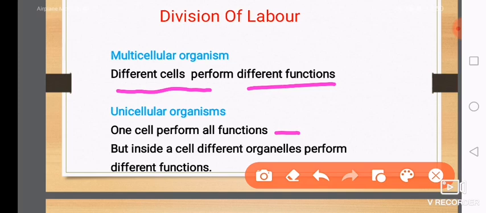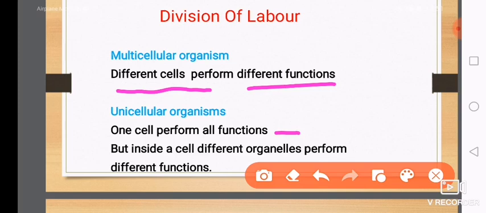But when you see inside a cell, there are different compartments, or you can say there are different organelles which perform different functions. Like you go in an office, okay, you have seen offices or banks. In that different compartments are there where different functions are happening. So same is the case with cell.